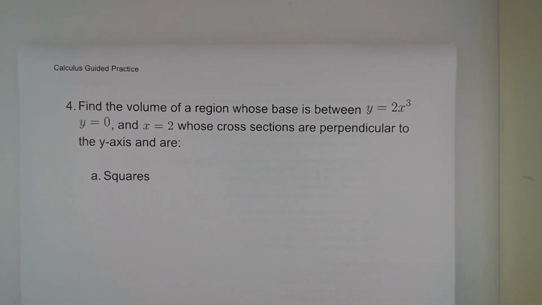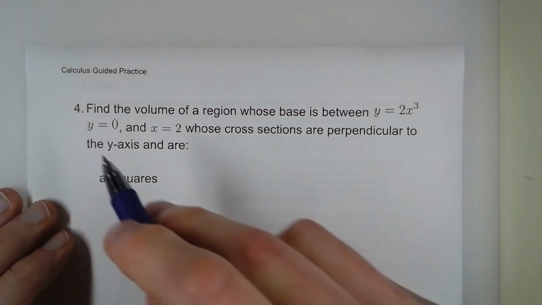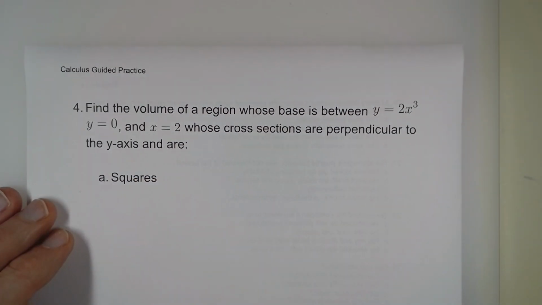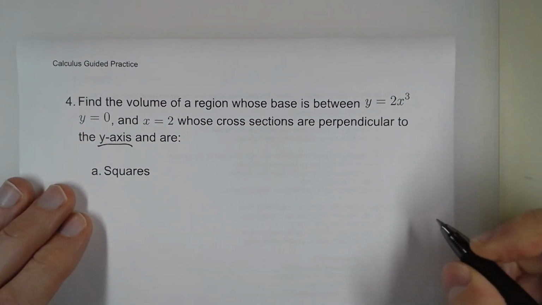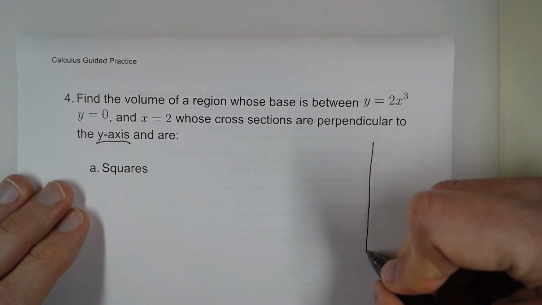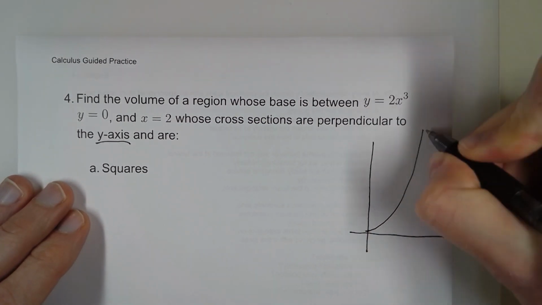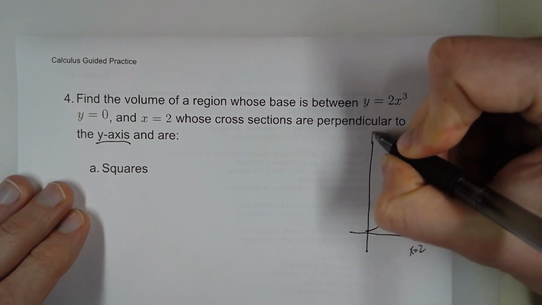And the last one, number 4, find the volume of a region whose base is between y equals 2x cubed, y equals 0, and x equals 2, whose cross-sections are perpendicular to the y-axis. You have to be aware of that, because that changes things. So here's x equals 2.